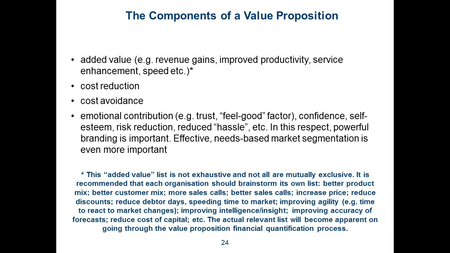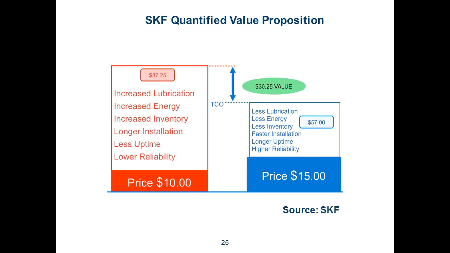The first 3 are comparatively easy to quantify, the last one less so, although particularly with well-known brands such as SKF, IBM, General Electric, 3M and the like, they are often high on the business agenda. An excellent example of this is SKF, the Swedish bearing company.